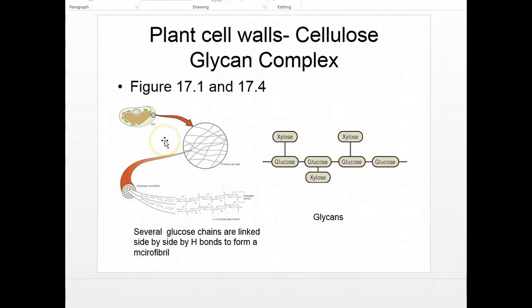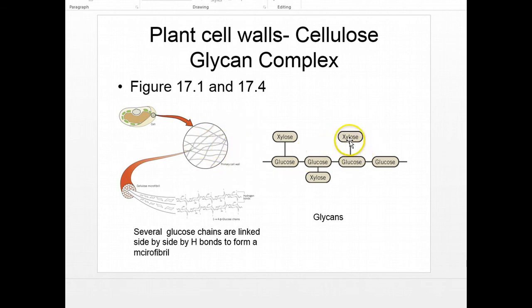In this cartoon, we're seeing how these things go together. So you have these individual chains of glucose that go in to make this fibril, this microfibril, and that's what you see in the cell wall.